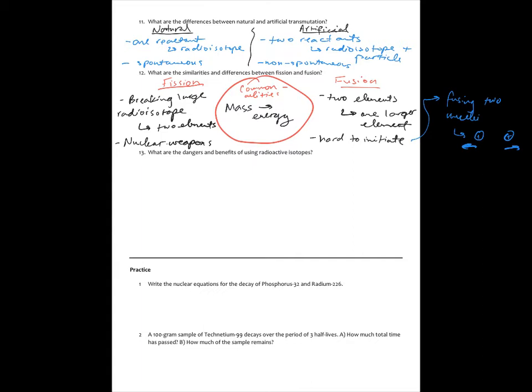And then now the last question here is the dangers and benefits of using radioactive isotopes. So dangers here on the left side and benefits on the right side. Let's talk about them. All right. Dangers. Let's use blue. Radioactive waste.